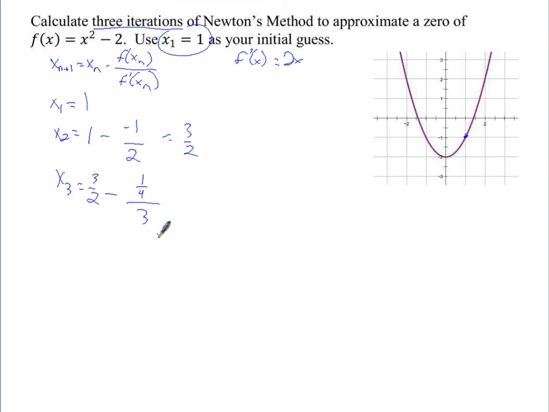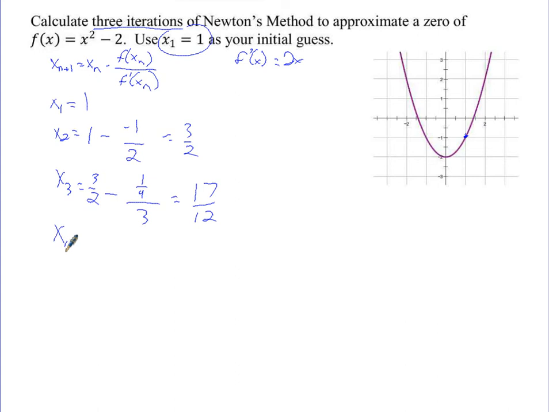So we have 3/2 minus 1/4 divided by 3, which is 3/4 divided by 3, which is 1/12. So we have 3/2 minus 1/12. Common denominator, so 3/2 turns into 12ths. That would be 18/12 minus 1/12 is 17, so 17/12. 2 iterations done.